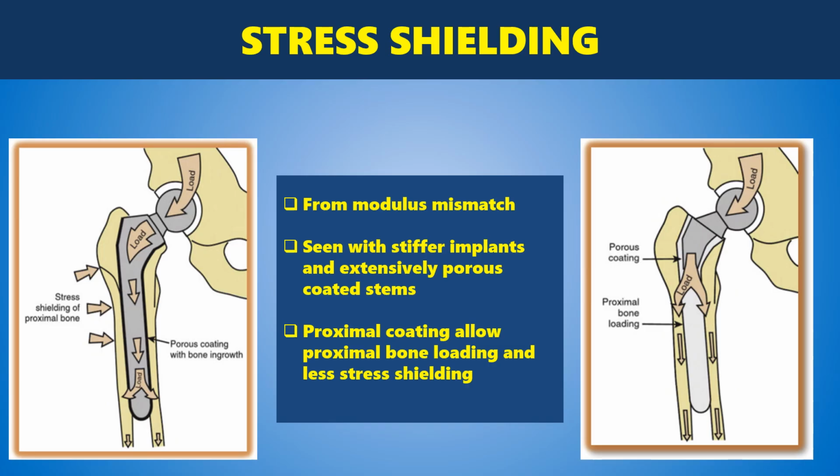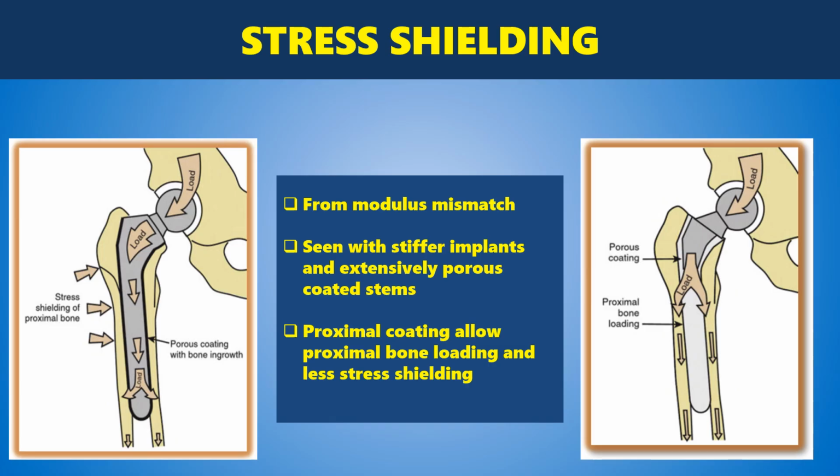The closer the material's Young's modulus of elasticity is to the cortical bone, the more it will share loads with the surrounding bone, and the bone will remodel and remain healthy. But if the material is very stiff, like an extensively porous coated stem, the forces will be transmitted to the lower edge of the stem, and from there to the cortical bone at the distal part of the stem.